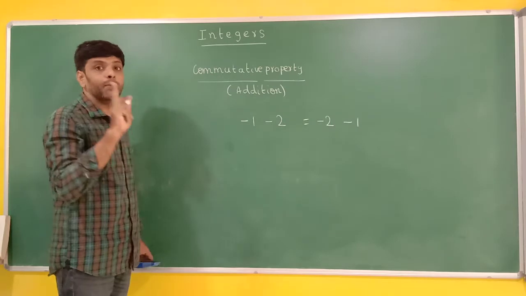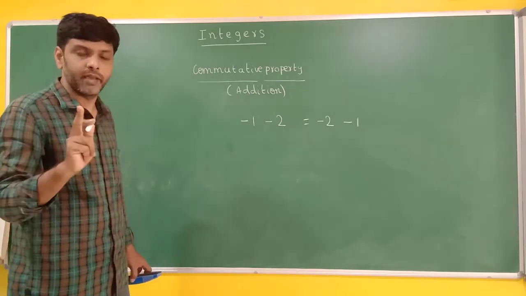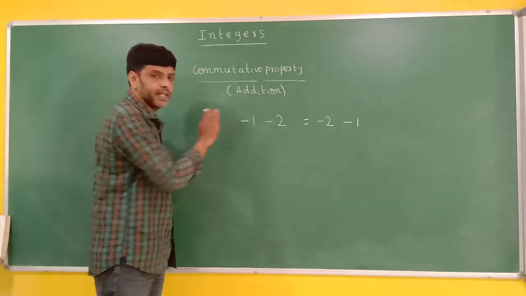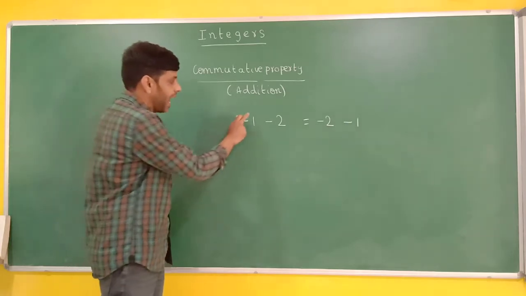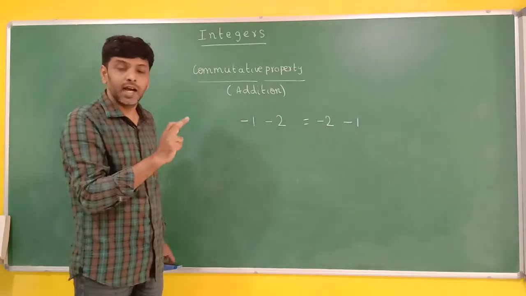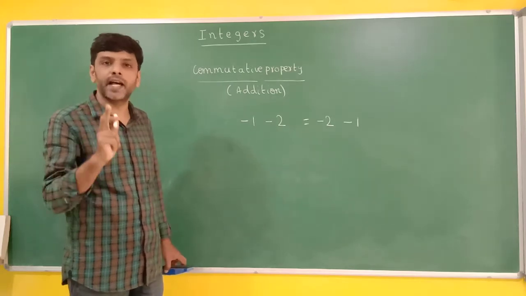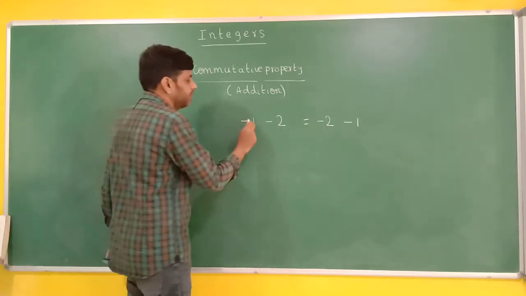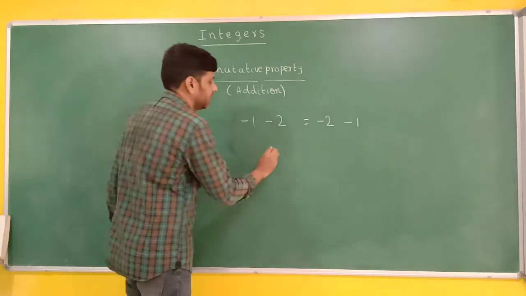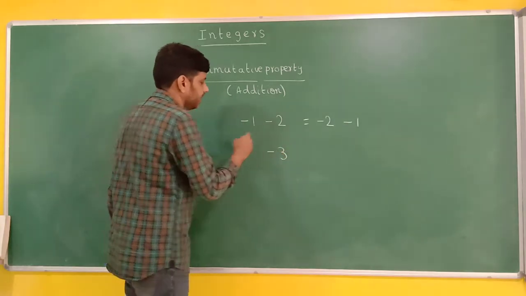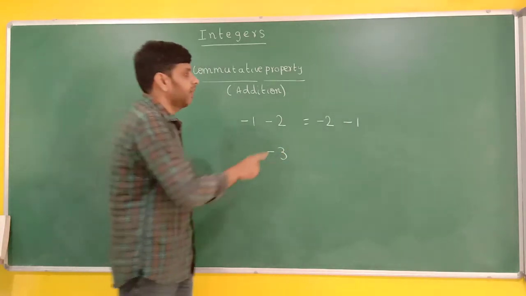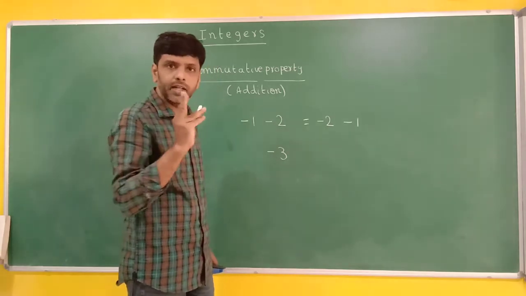Now, when the signs are the same, minus minus, what should you do? You should add these two numbers and keep the same sign. Same sign means addition. What is 1 plus 2? 3. And same sign. What is 2 plus 1? 3.